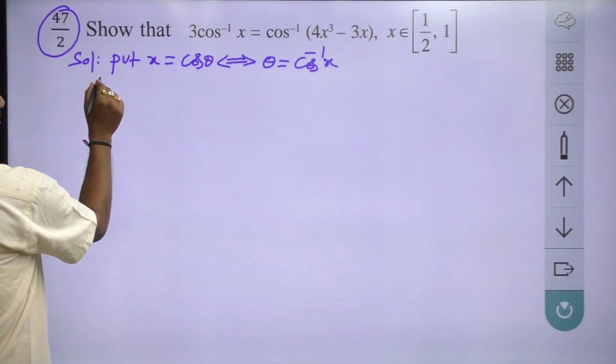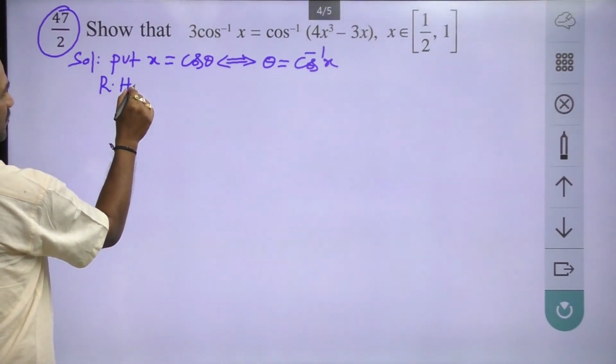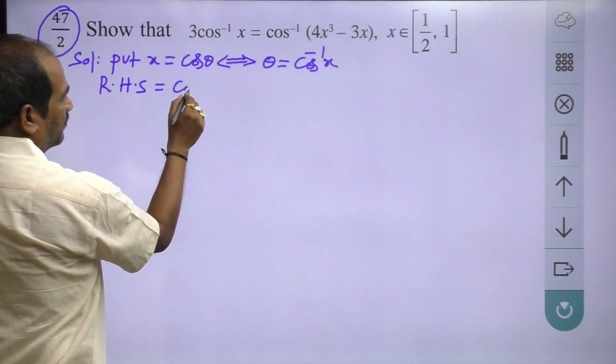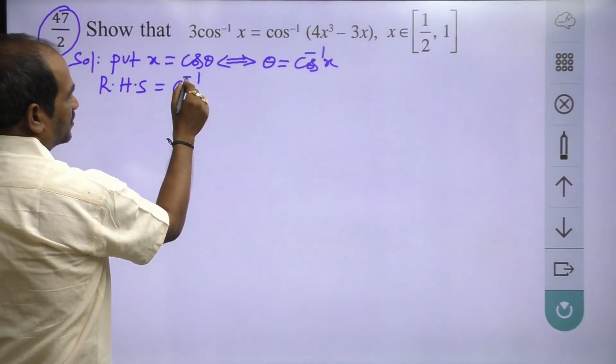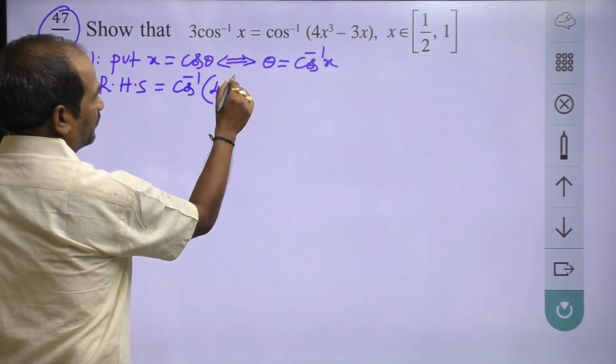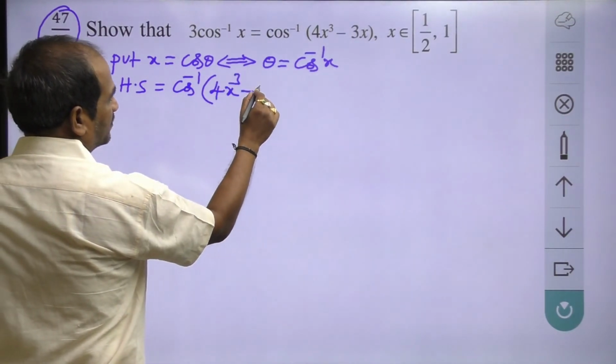In this RHS value, cos inverse of 4x cube minus 3x.